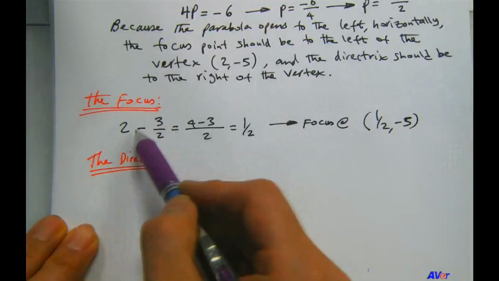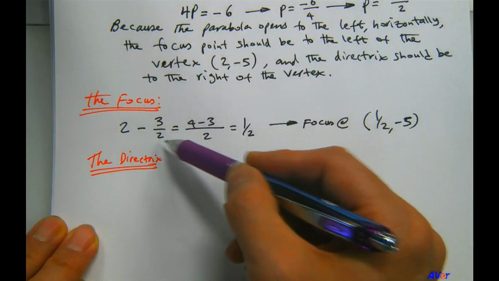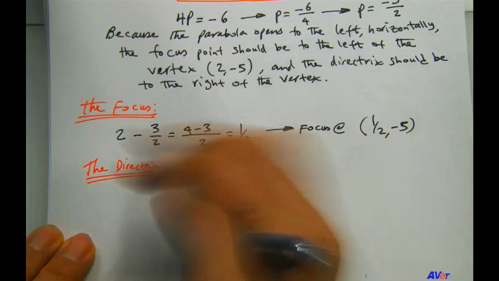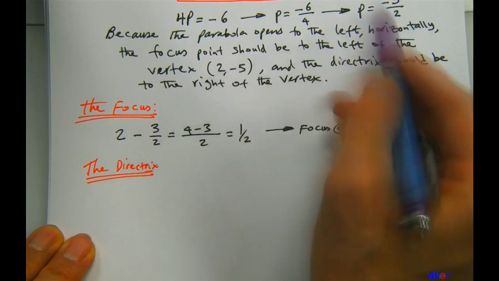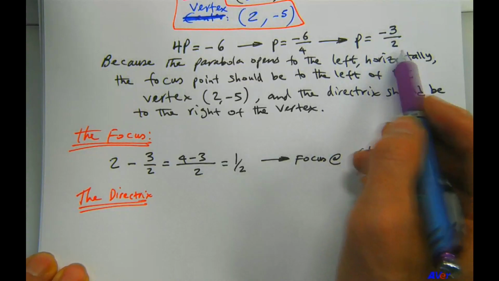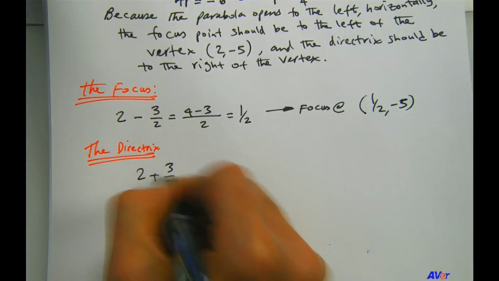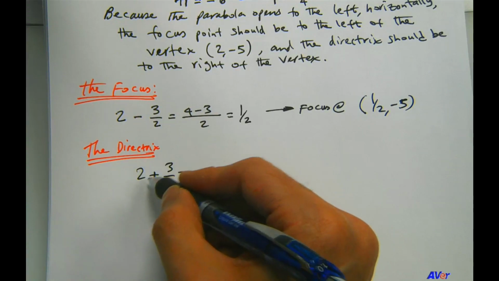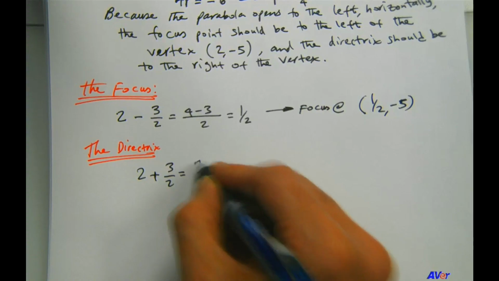Here we subtracted because the focus is on the left of this parabola that opens to the left. But the directrix should be on the opposite side, on the right side of this. To be on the right side of this, we have to add 3/2 to that, right? So let's do that. So we have 2 plus 3/2. This is 1.5, this is 2, so that's 3.5, or 7/2.